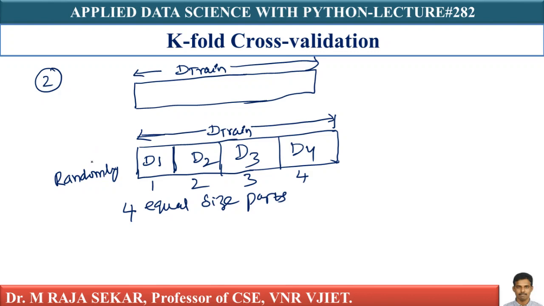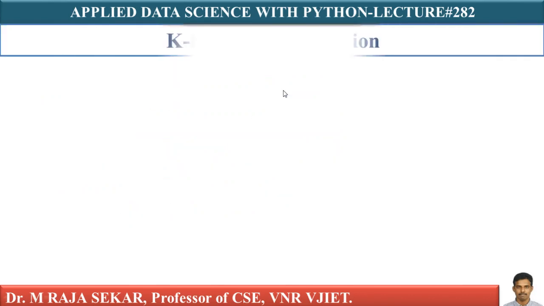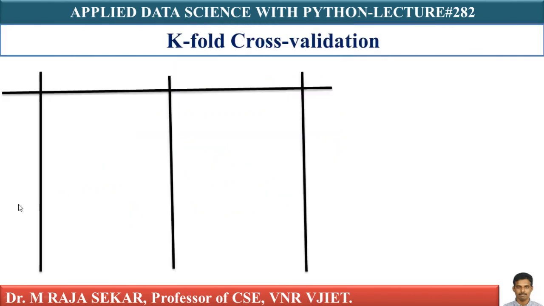Once I have done this, my third step is I will take k equal to 1. After splitting my D train data into 4 equal parts, D1, D2, D3 and D4, I will take k equal to 1. For the plot, you remember the plot you have drawn.